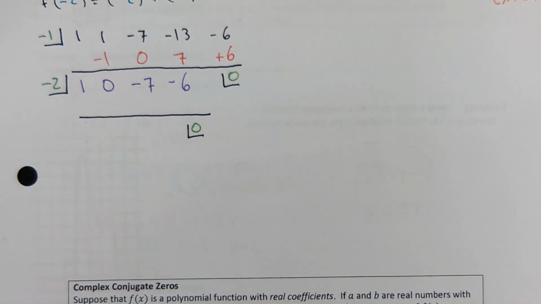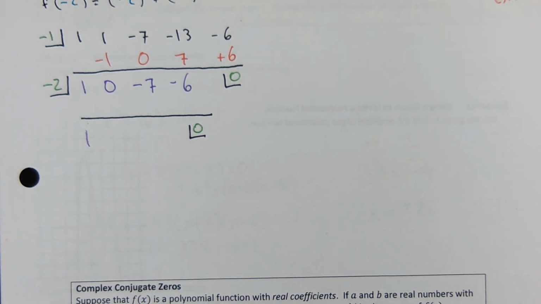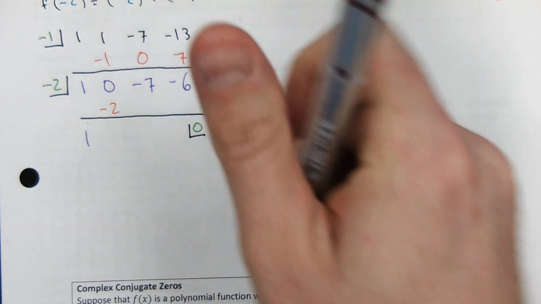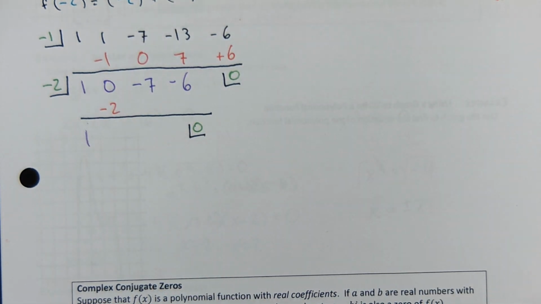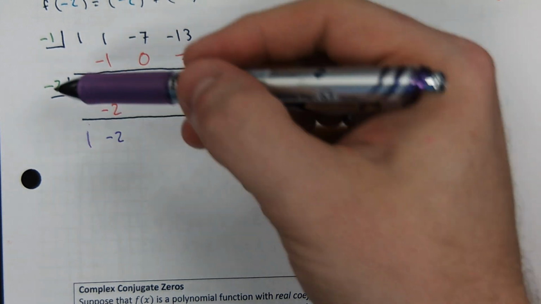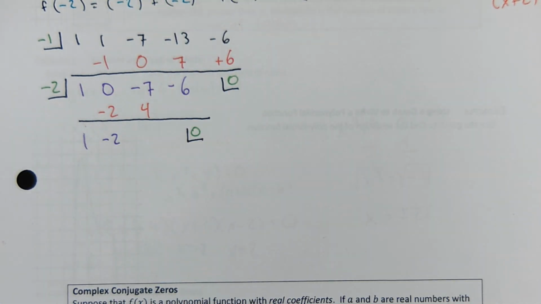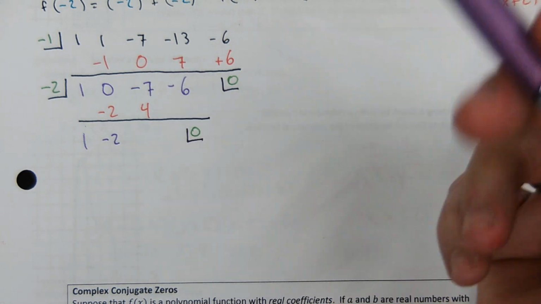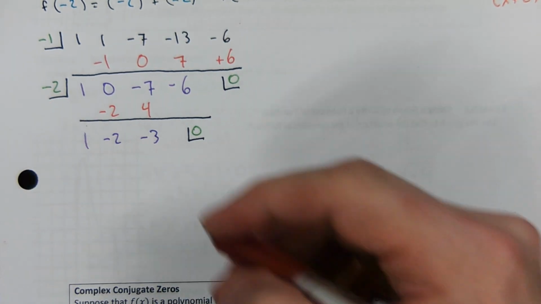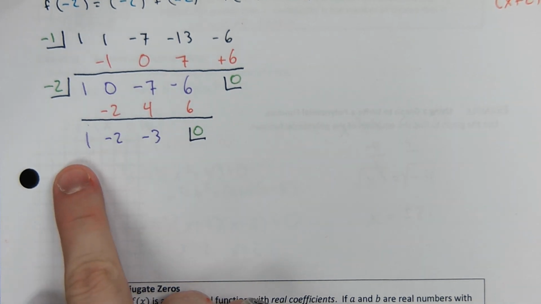We get to drop the 1 down and go through the whole process again. So -2 times 1 gets me -2. Adding straight down gets me -2. -2 times -2 gets me +4. -7 plus 4 is -3. Multiplying those two negatives does get me the +6 that I needed. And this is a quadratic.